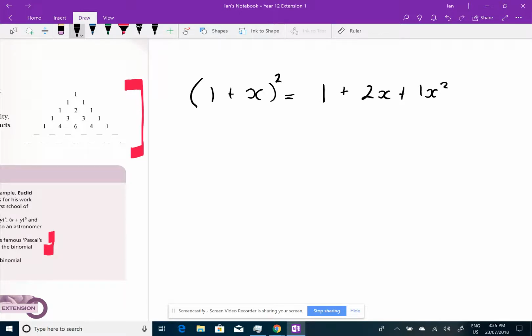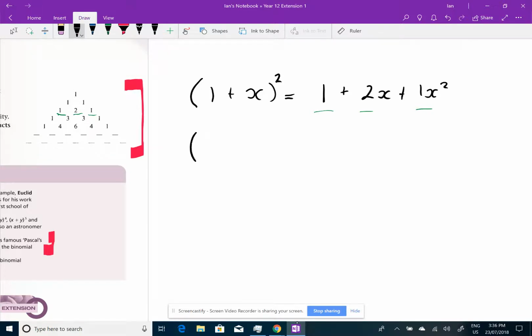And you're probably thinking, why did you write the 1? Well, if I look over here, I can see a 1, a 2, and a 1, and a 1, a 2, and a 1. Now this repeats itself as we go along.